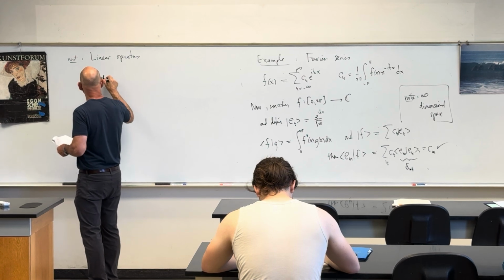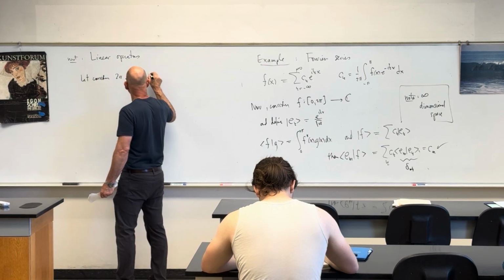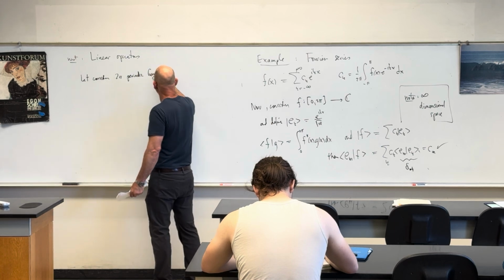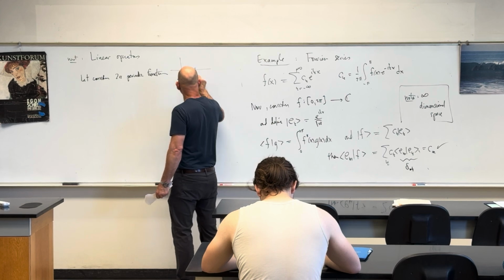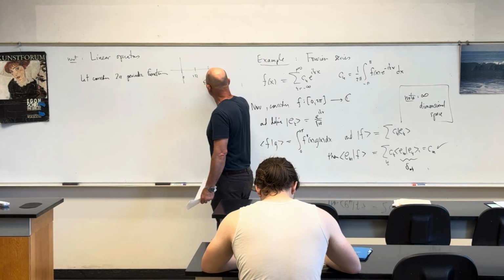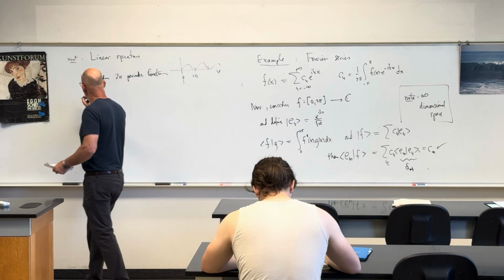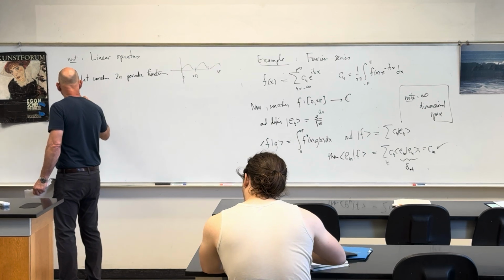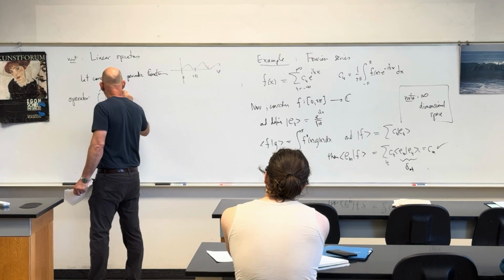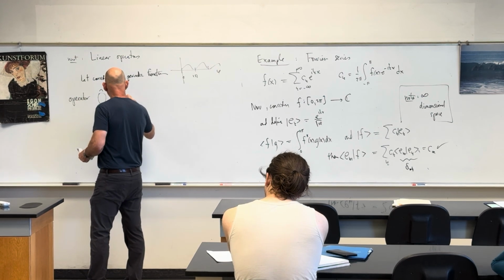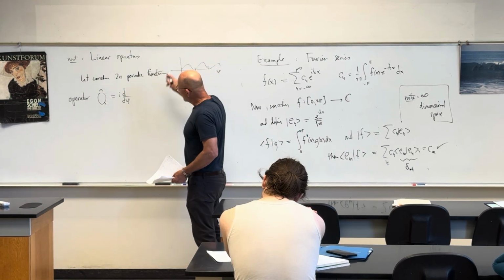Let us consider 2 pi periodic functions. They're on 0 to 2 pi, call that the phi axis, and then they repeat themselves. The operator we saw last time, we're going to call q hat equals i d phi, and we're operating on functions f, g, h.